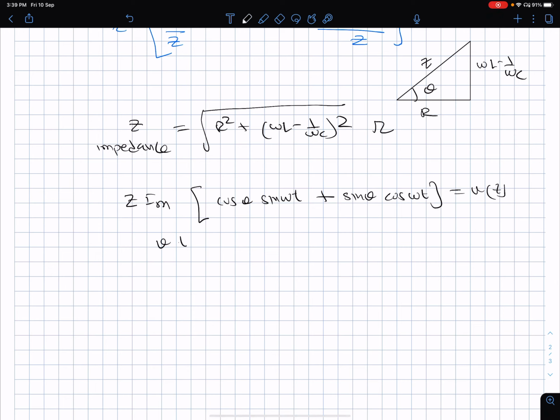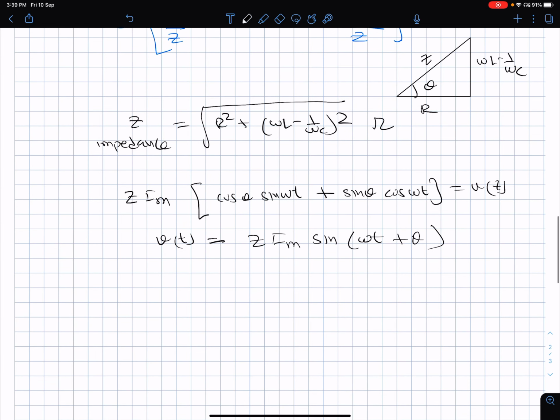So therefore, V of t can be written as Z I_m times sin A cos B plus cos A sin B, which is sine of A plus B, which is sine of omega t plus theta, where tan theta is (omega L minus 1 by omega C) by R, or theta is written as tan inverse of (omega L minus 1 by omega C) by R.